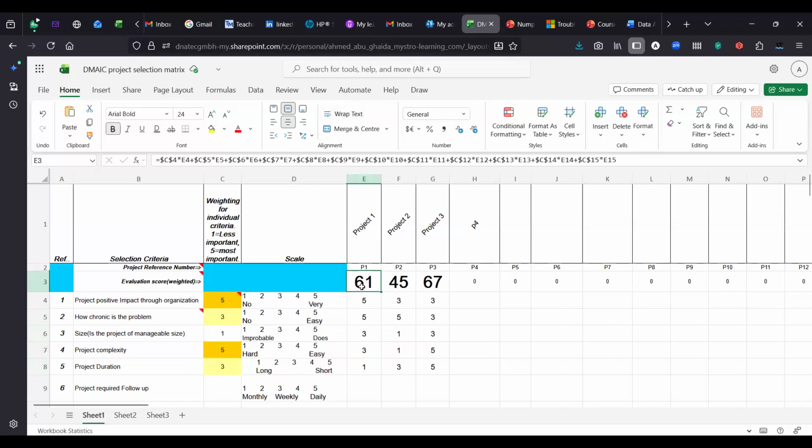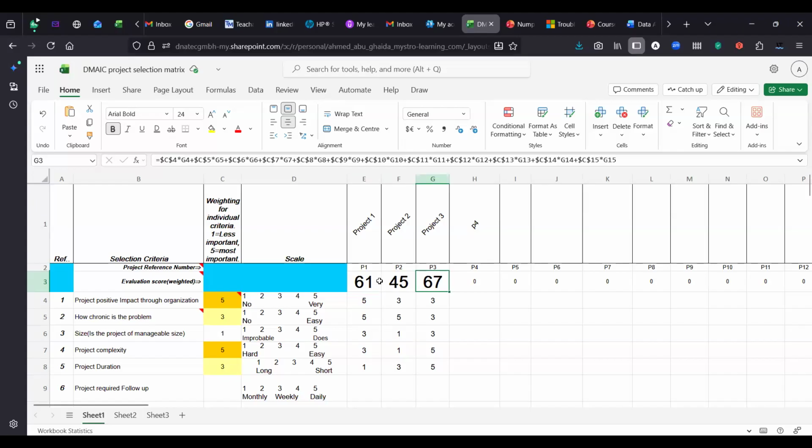This will give you 61. And the function is written here for people who are to some extent expert with Excel. It's also available as a direct function, sum product, but again, we didn't use it here to make it more visual for you. The same applies here, and the same applies here.